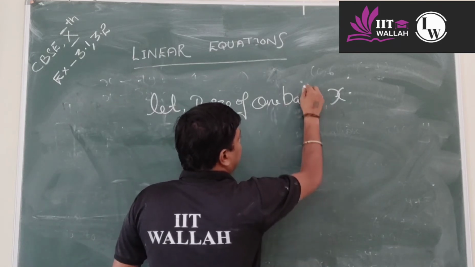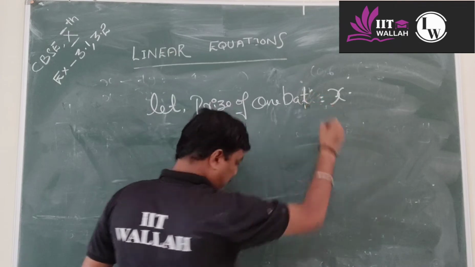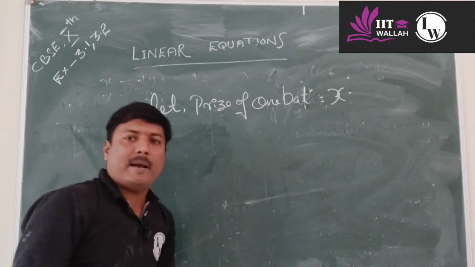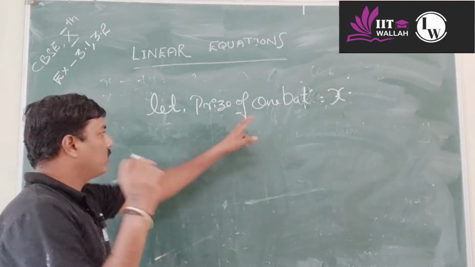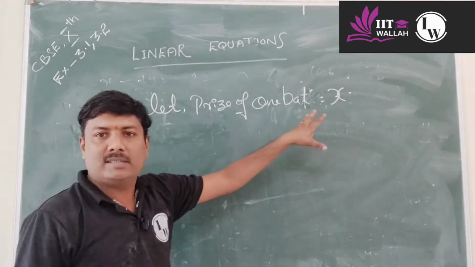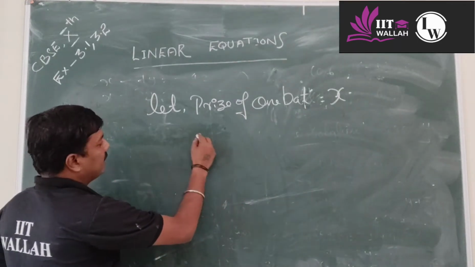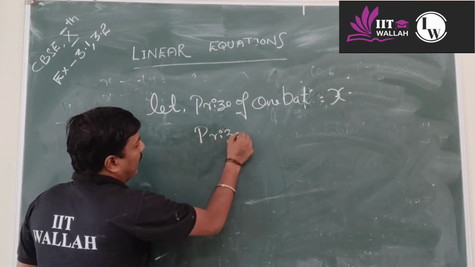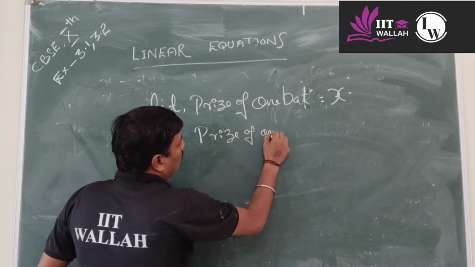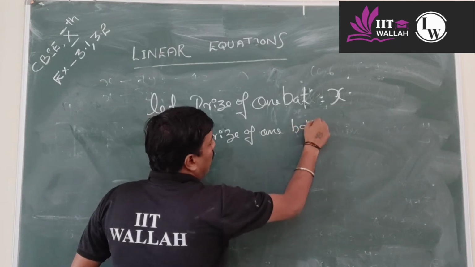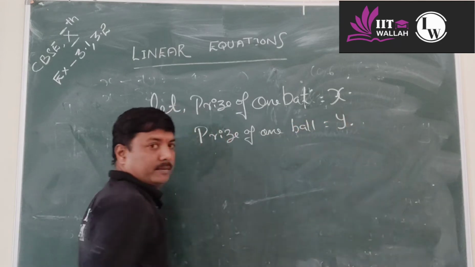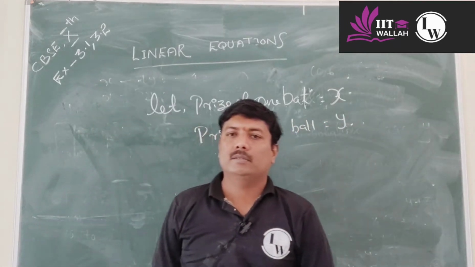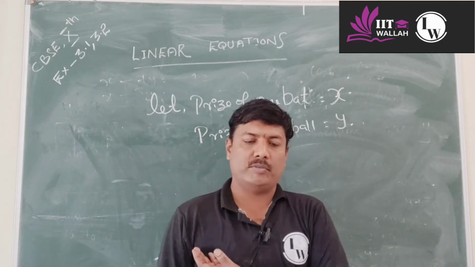We can take bat here, because the price of bat is given first. So I took the price of one bat equal to x. Now I will take, let the price of one ball be equal to y. Okay, this is the first step. I hope you understood very clearly.